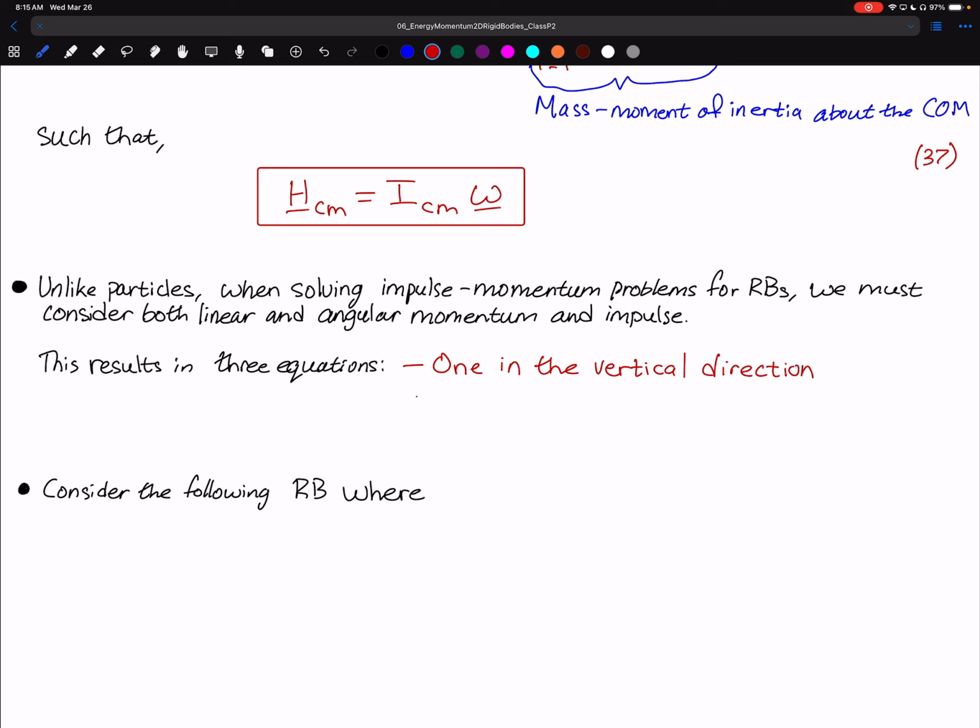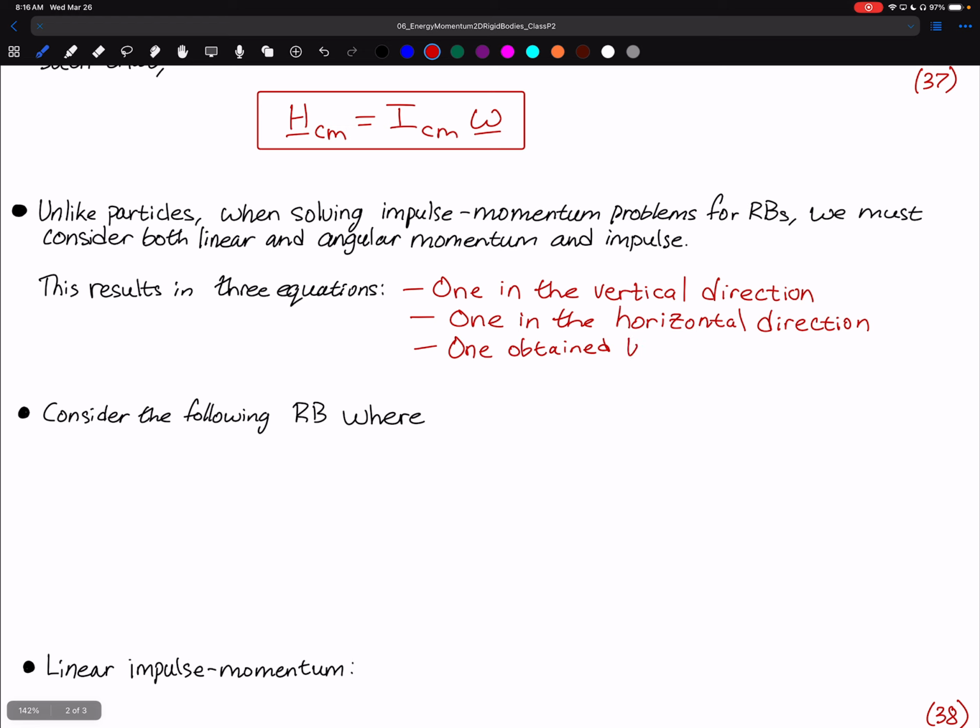We'll get 1 in the horizontal direction. Then there is a third that is obtained by summing moments about any point.